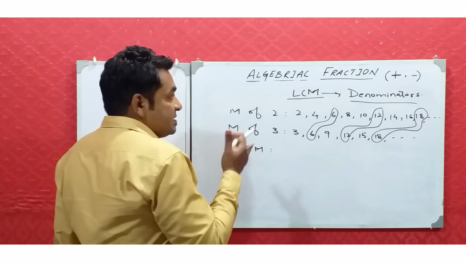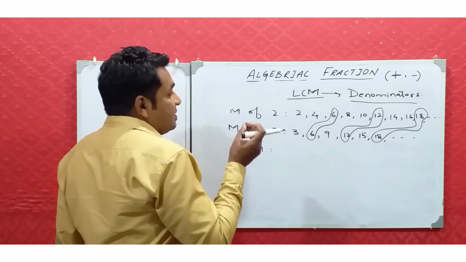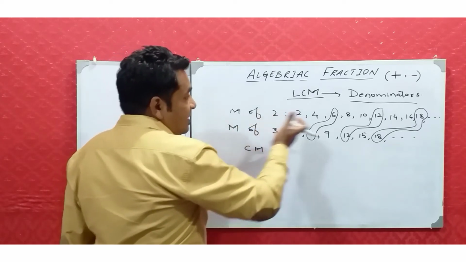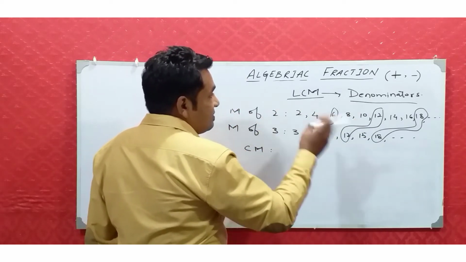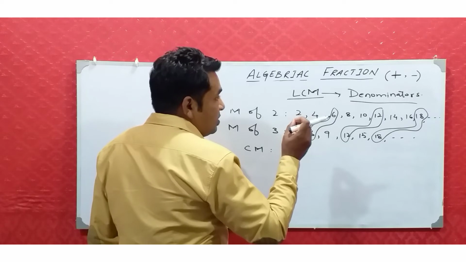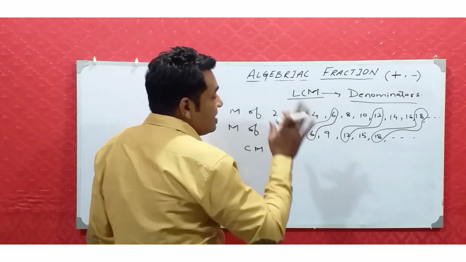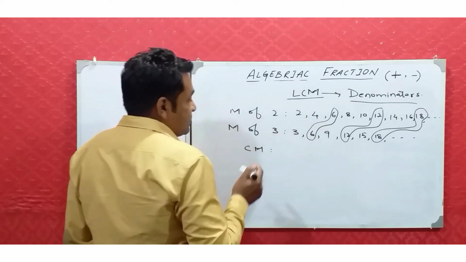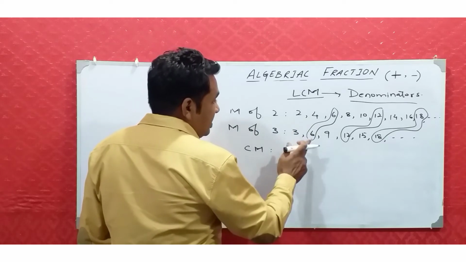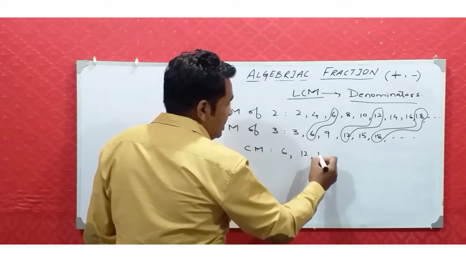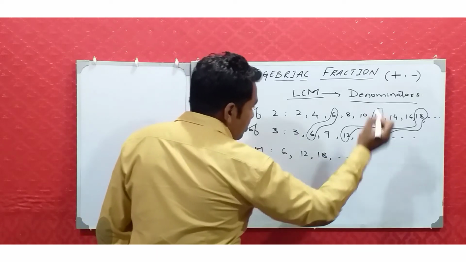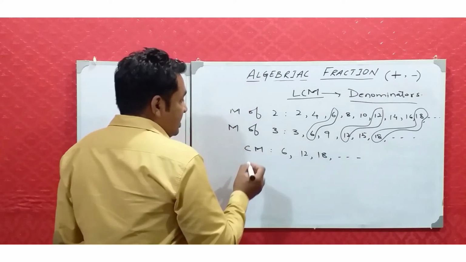These are common multiples, and the multiples of any number, like of 2 or of 3, never stop. We cannot find the last multiple. They are unlimited. So the common multiples start from 6, then 12, then 18, and so on. We don't know the largest one.